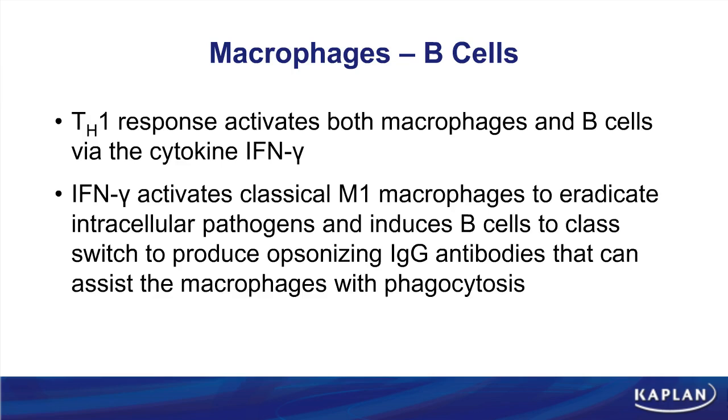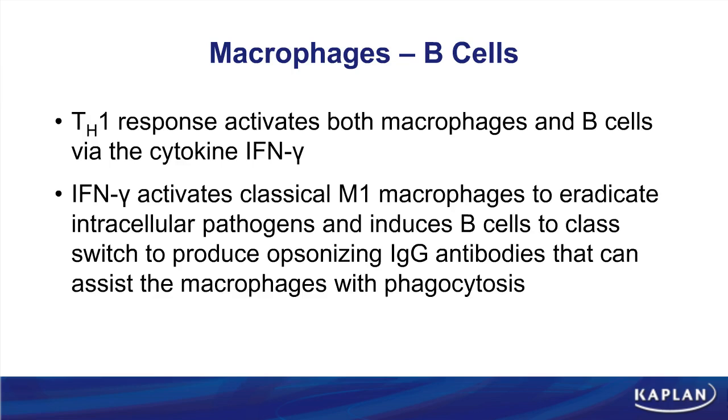And as we said before, interferon gamma can help the B cells class switch to make IgG antibodies. The IgG antibodies are no random thing. It's not like, oh, we'll just make IgG. Those IgG antibodies, remember, are the only antibodies that can opsonize, and they can help assist the macrophages with phagocytosis.